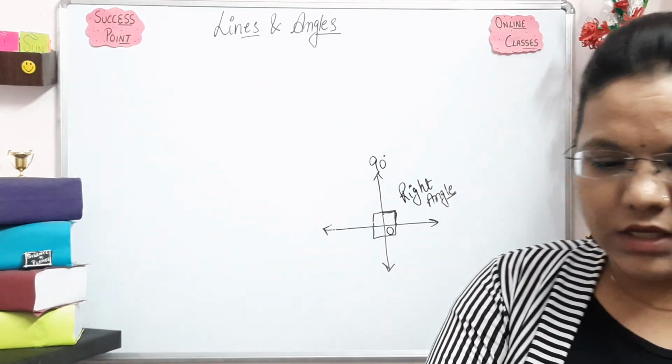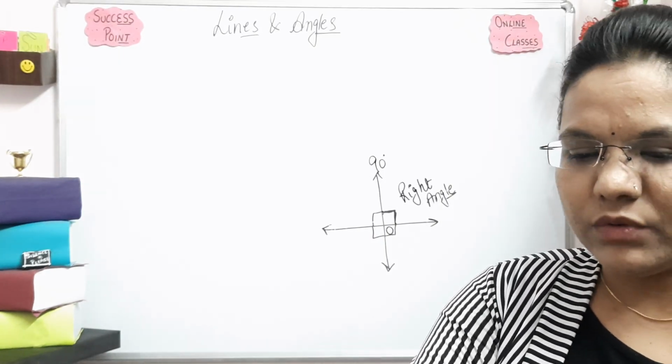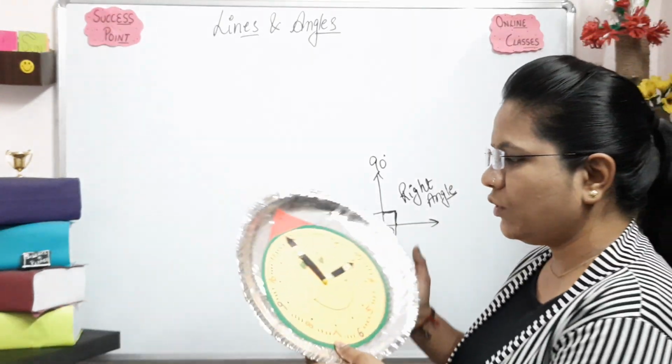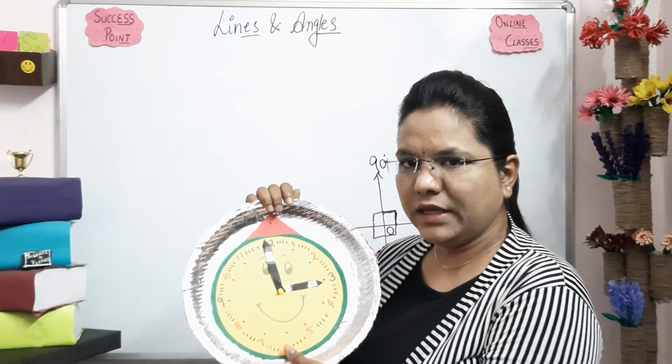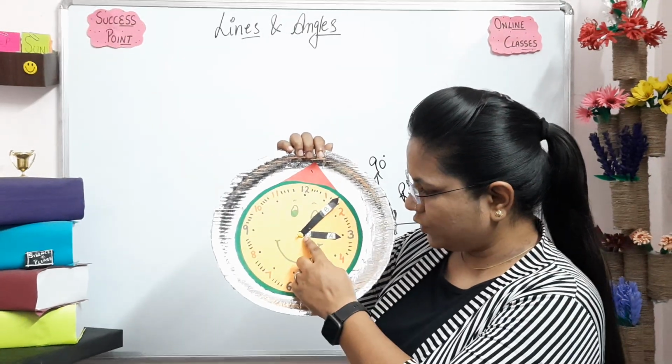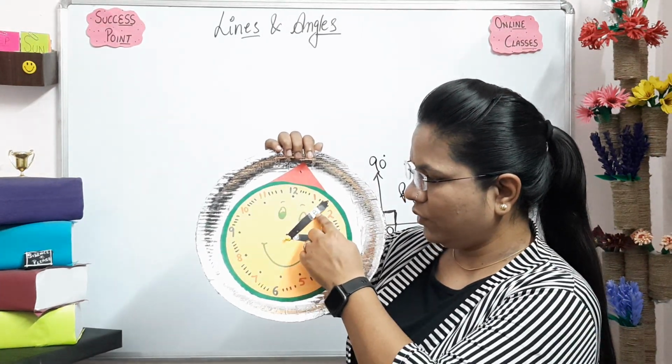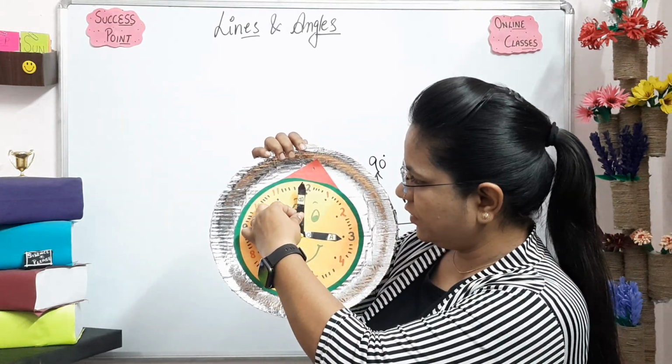Now we want to learn about angles using the example of a clock. We are using two rays, that is OA and OB. Now what about this one?